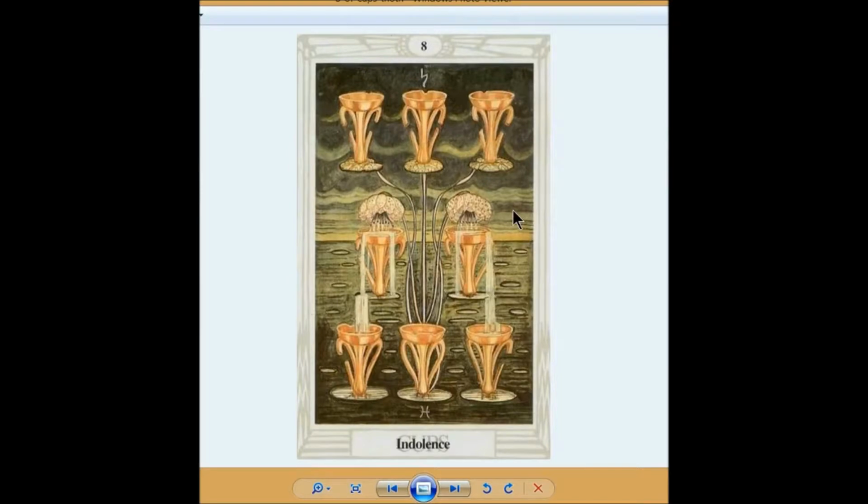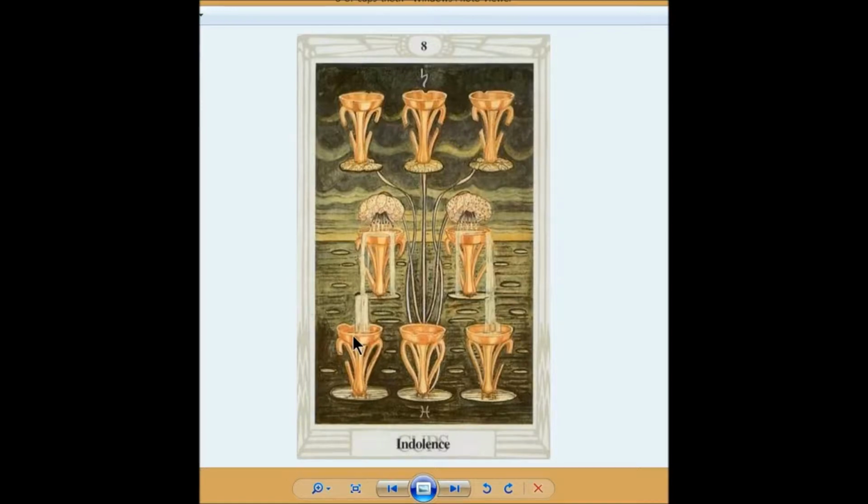Okay, so we'll move on to have a look at what the card itself talks about. As we saw in the first section, we have here a rather dark looking stagnant card with only stagnant pools of water. We've got the top cups, which are resting on the diseased, unstable lotuses, and the diseased lotuses here are pouring out water which will not be purified into these cups, and the cups are not even full.